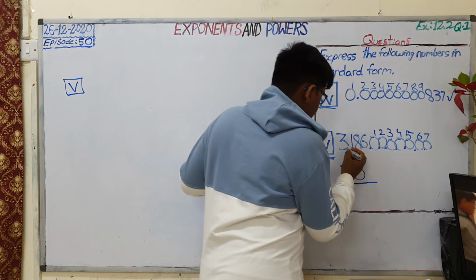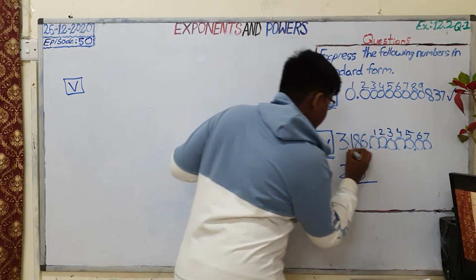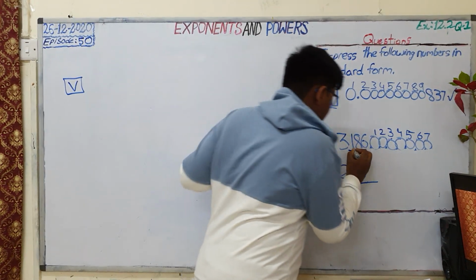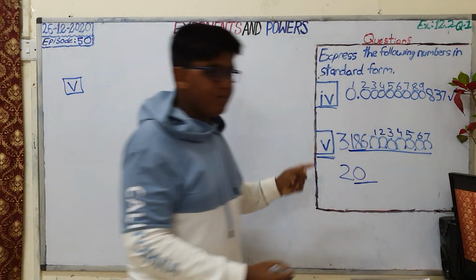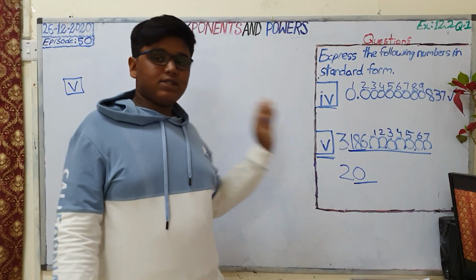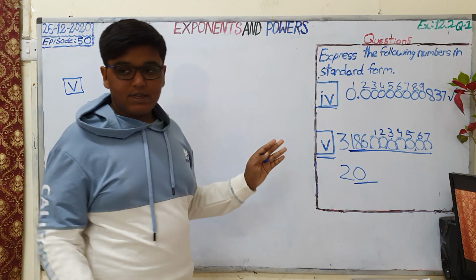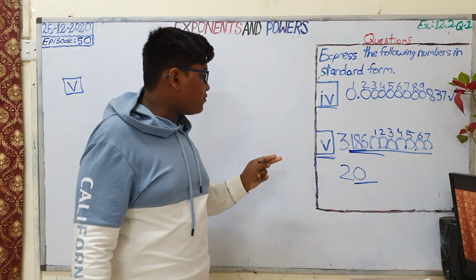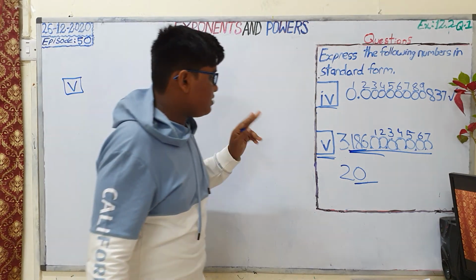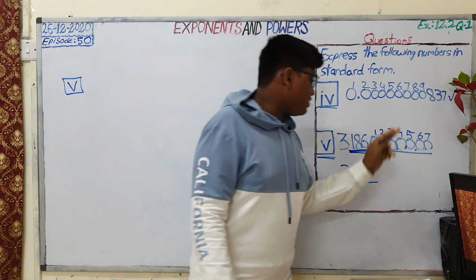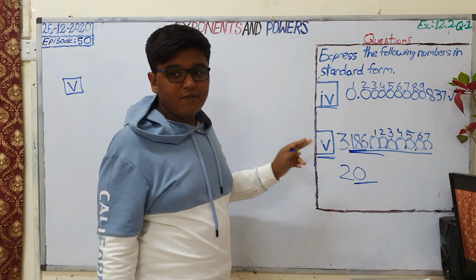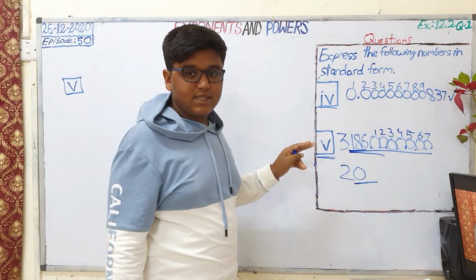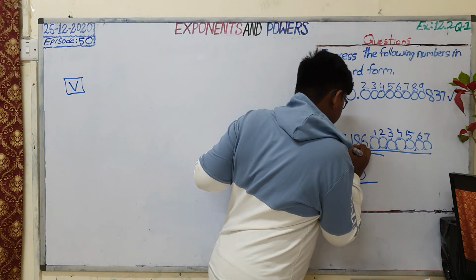Now when we add these 3 digits here, 7 plus 3 equals 10. So these are the 10 digits. Now we have to find where we will put the decimal point. When we count the places, we get the point here.